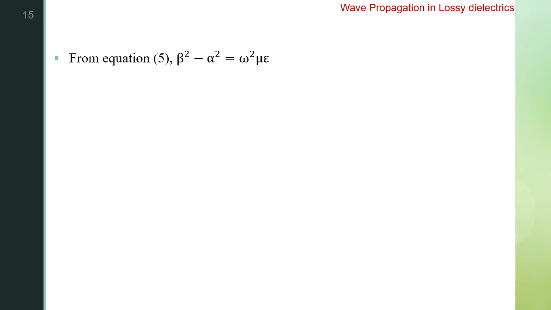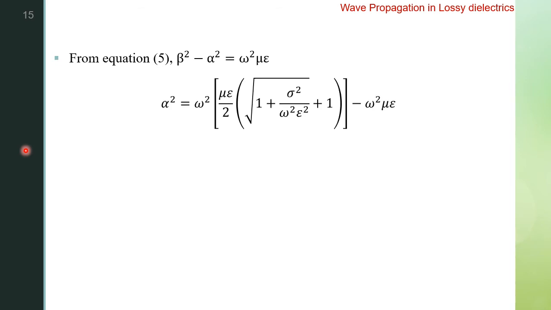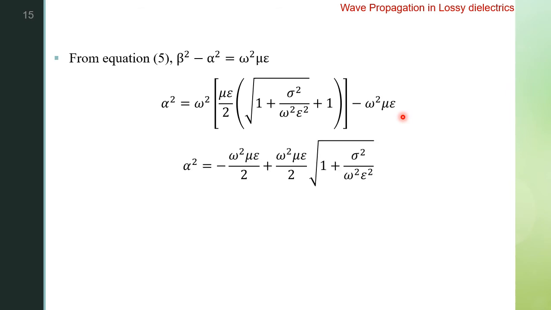From equation 5, we know that beta square minus alpha square is omega square mu epsilon. So we already found the value of beta square. So we'll get alpha square as beta square minus omega square mu epsilon. On substituting and simplifying the expression, we'll get alpha square as minus omega square mu epsilon by 2 plus omega square mu epsilon by 2 into root of 1 plus sigma square by omega square epsilon square.